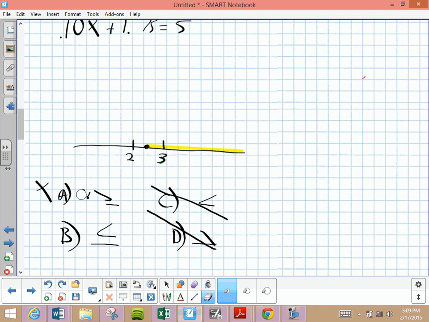Let me clarify this, Faith. I like it. I like your passion. So we have -x, 2x, and plus 1 is greater than or equals to 5.